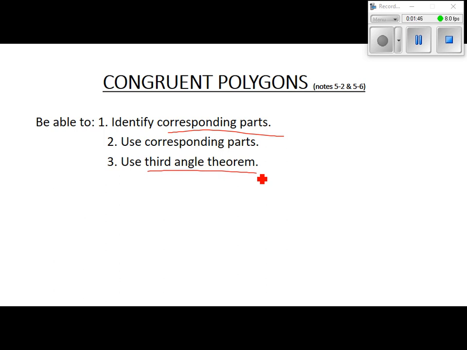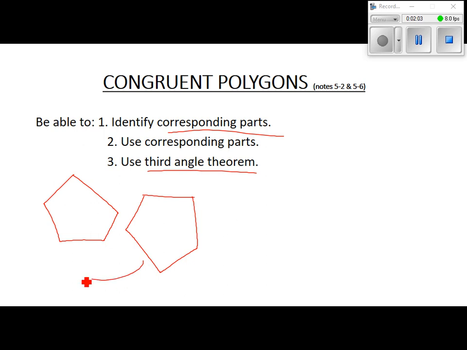Corresponding parts are what you get if I give you two polygons and they're congruent to each other. So let's say I have this pentagon and I have this pentagon, and I tell you that they're congruent, then you got to match them up.